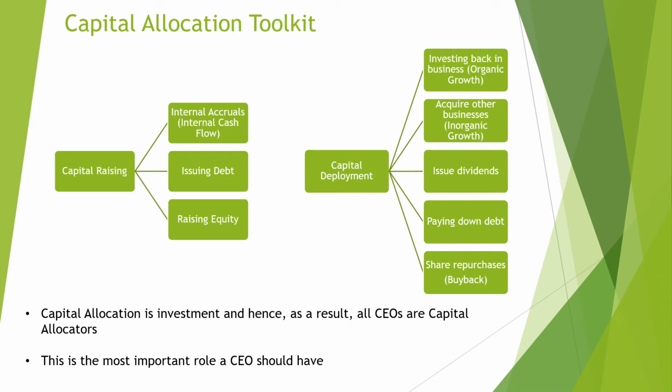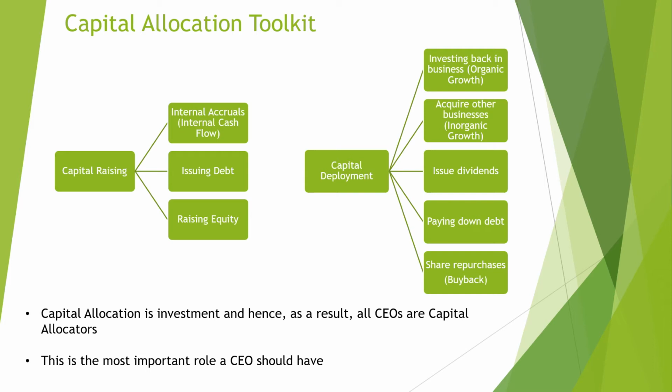Every business requires capital, as I had mentioned earlier as well. If we want to raise capital for a particular business, there are three methods. One is internal accruals: whatever capital the business is generating, instead of giving out dividends, we can put it back into the business.